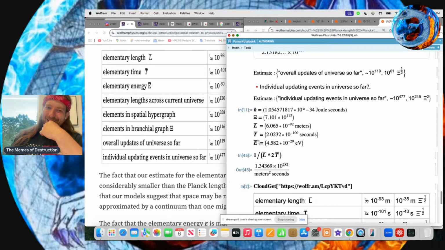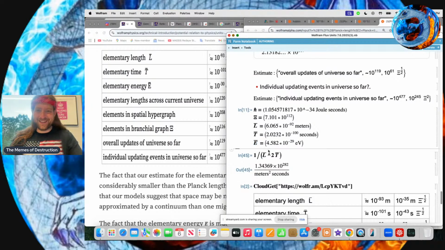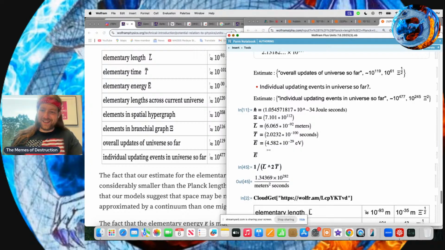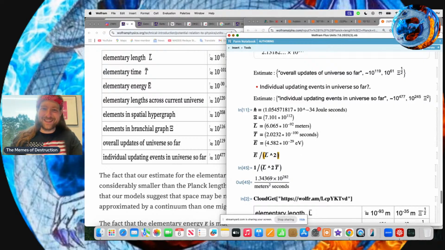Okay. Let's do it. Divide by... Oh god, this is some of the most haphazard work I've ever done. 5 dimensions of time. Jeez. Raise to 5.